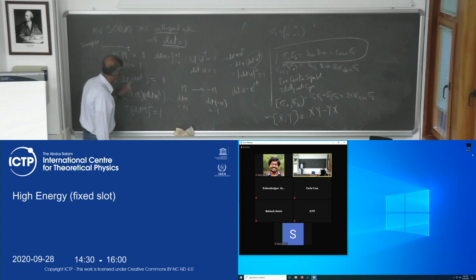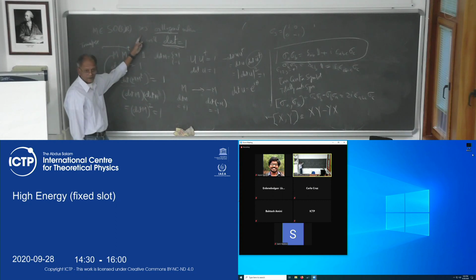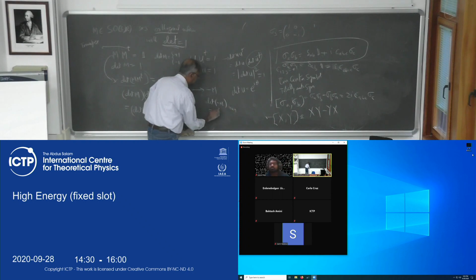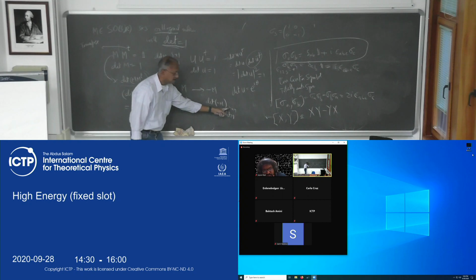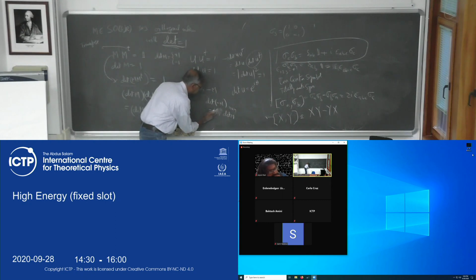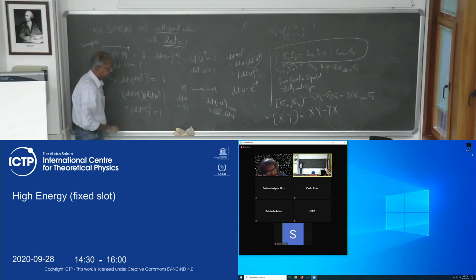Why? Because it's an odd, 3 by 3 matrix. I mean, in general, if it was an n by n matrix, then this would be (-1) to the n times determinant of M. Right? But since n is 3, n is odd, this is simply (-1) to the n, which is minus. So you get here minus in the case of interest.